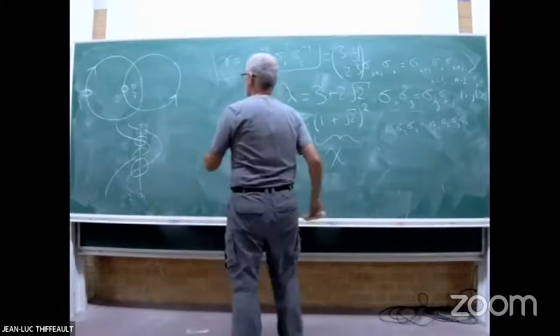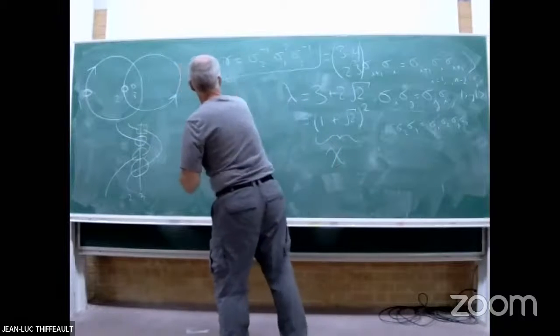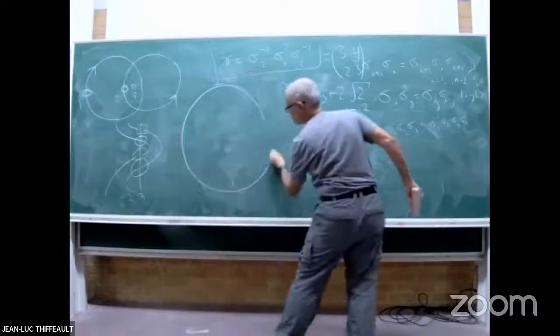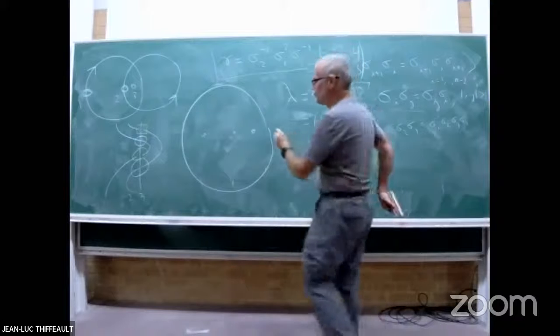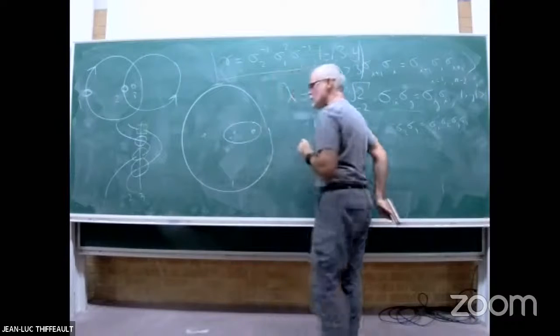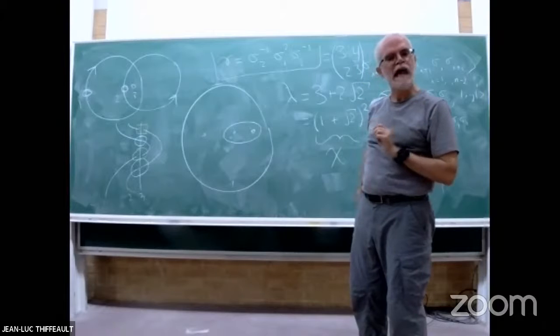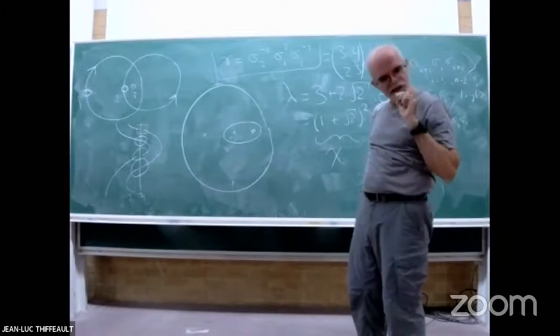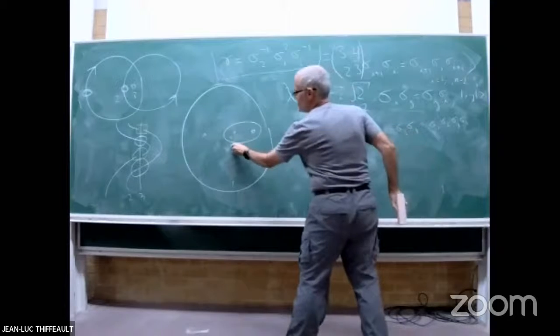So if you remember, when we had a disk at the beginning of the lecture, I drew a little loop around these two rods, and I told you that if I acted with T1, this mapped this loop to this.